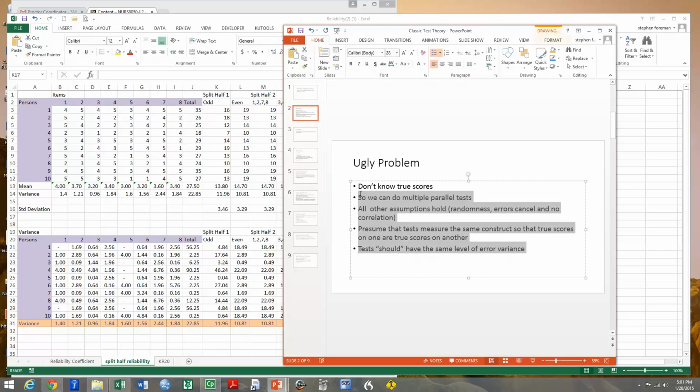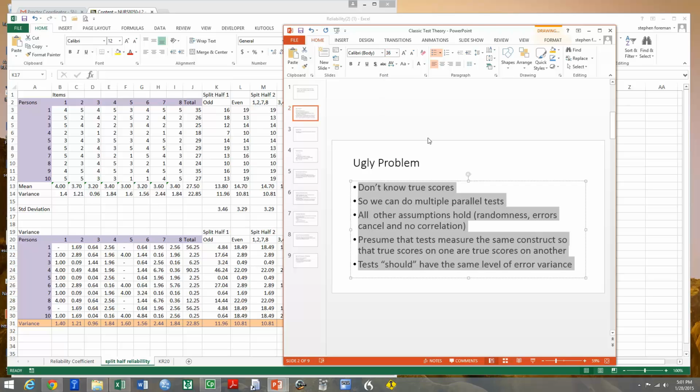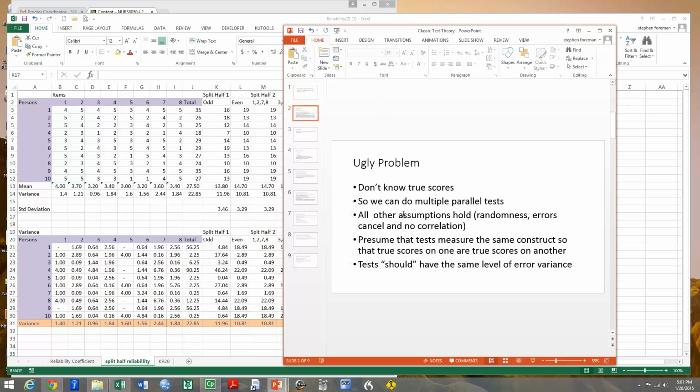So if we don't know the true score, there's a couple of other techniques that we could use. We can do multiple parallel tests. If we design a couple of tests and everything else is the same, then if the tests are truly measuring the same construct, the true scores on one are the true scores on the other, and those tests ought to have the same level of error variance.